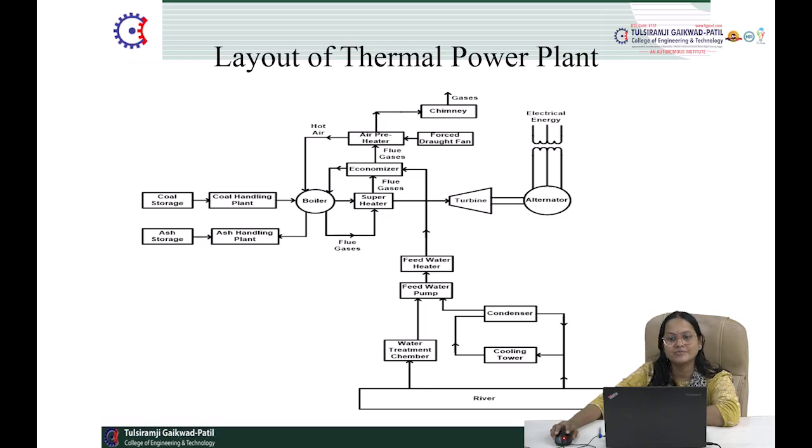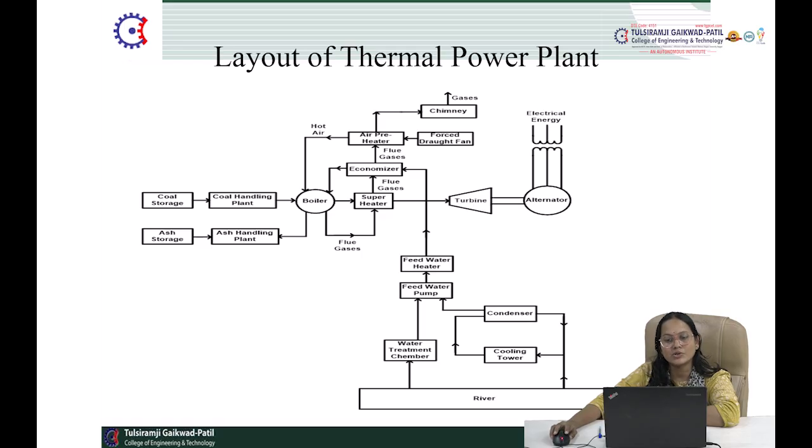Because when the flue gases pass through the superheater, heat is extracted, and the use of the superheater is to increase the temperature of the steam.